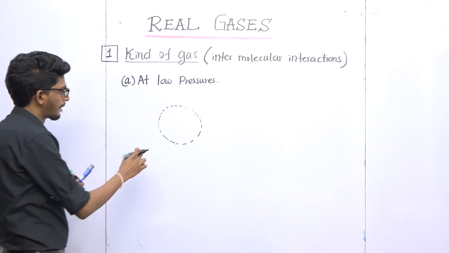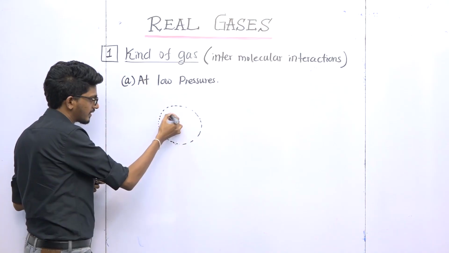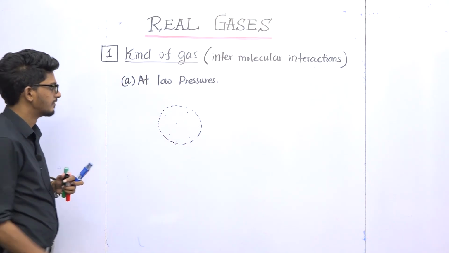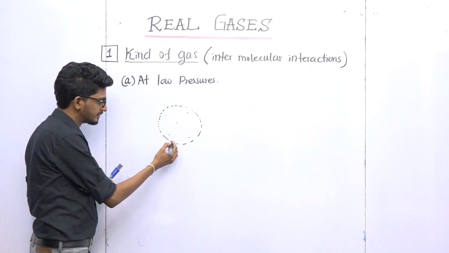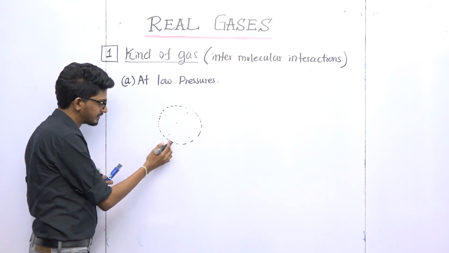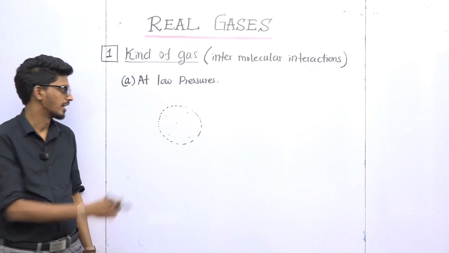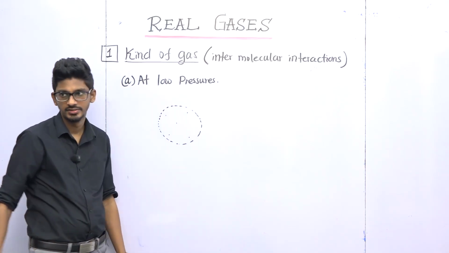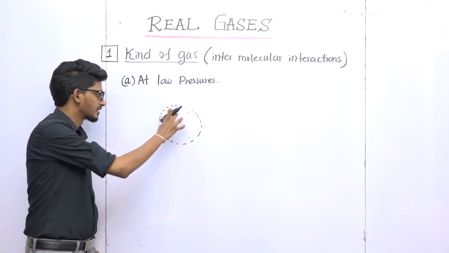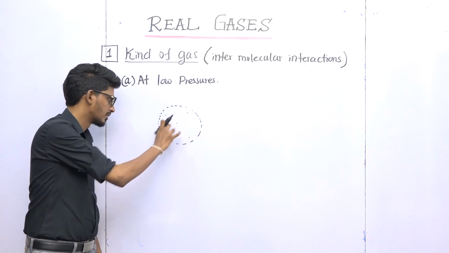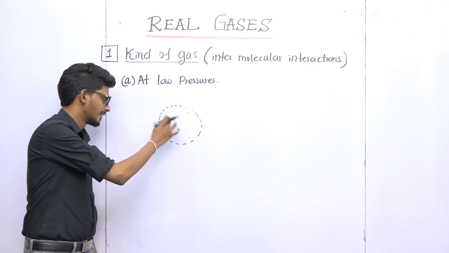Let's say your gas is ideal, if your gas is behaving ideally. This should be the picture. So 5 gas molecules are there behaving ideally, with no attractions or repulsions among the gas molecules if your gas is ideal.